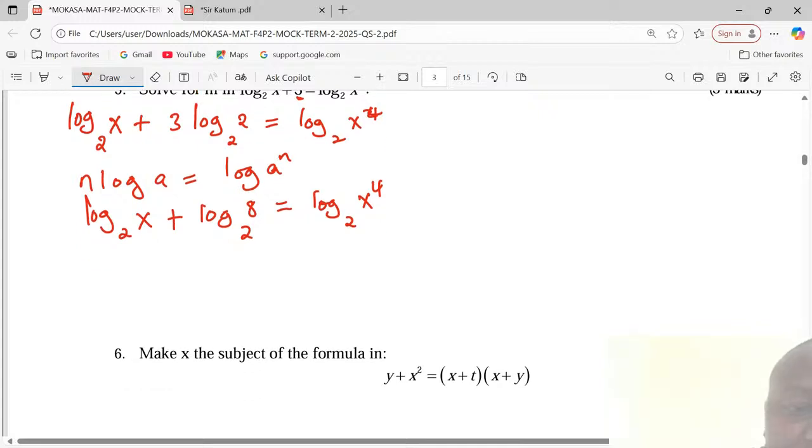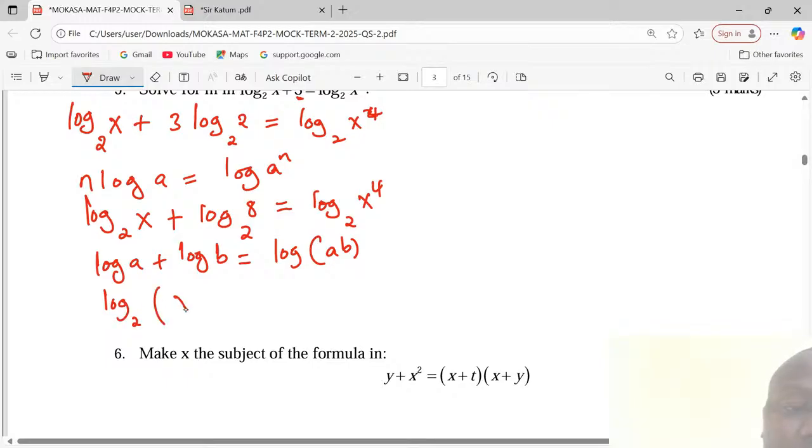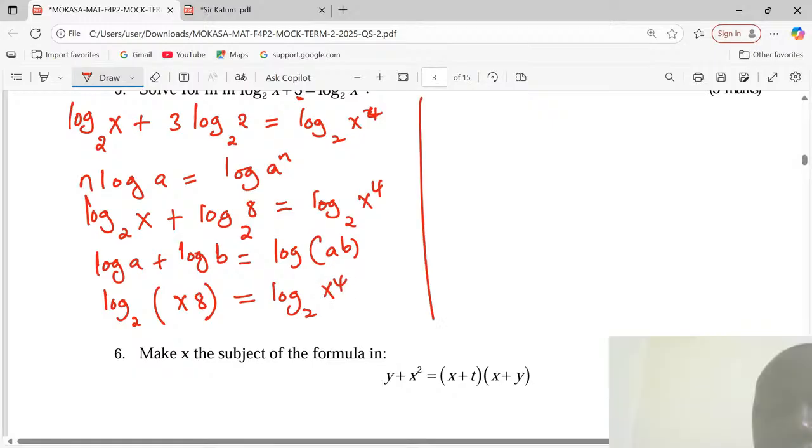So now, we know that the logarithm of a number plus the log of another number, as long as the base is the same, we'll be having the log of a multiplied by b. So the log 2 base 2 of x by 8 then equals to the log 2 base 2 of x power 4. So now we can group some terms together now that we are done with the application of the logarithms.